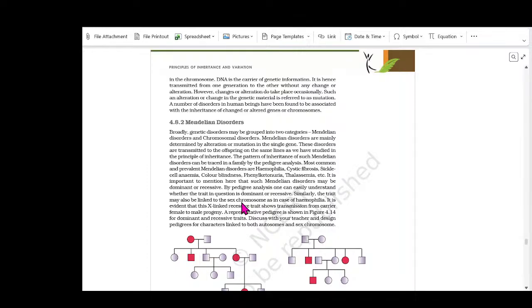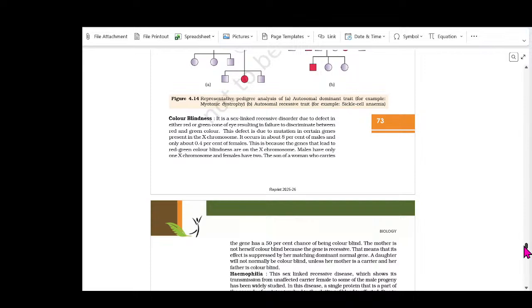It is evident that the X-linked recessive trait shows transmission from carrier female to the male progeny. A representative pedigree is shown in figure 4.14 for dominant and recessive traits. Discuss with your teacher and design pedigrees for characters linked to both autosomes and sex chromosome.